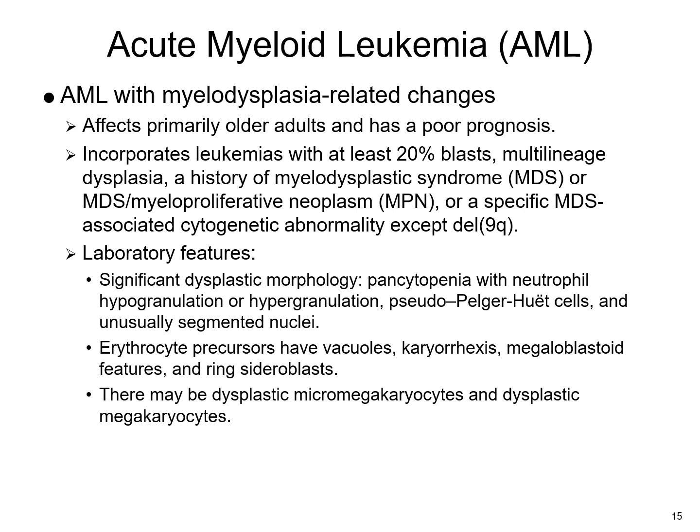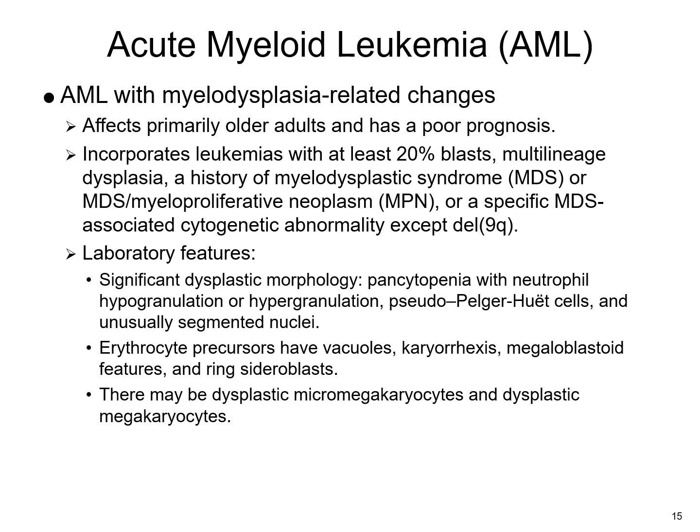So for this particular disorder, you will see significant dysplastic morphology. So you'll have a pancytopenia with neutrophil hypogranulation or hypergranulation. You can see pseudo-Pelger-Huët cells and unusually segmented nuclei. Now your erythrocyte precursors can have vacuoles.